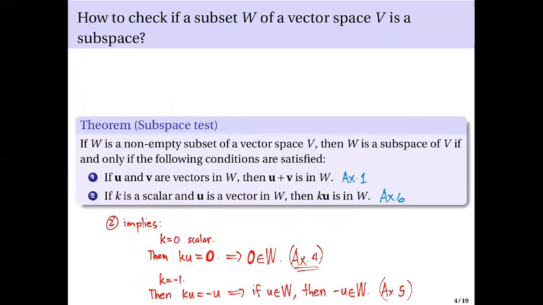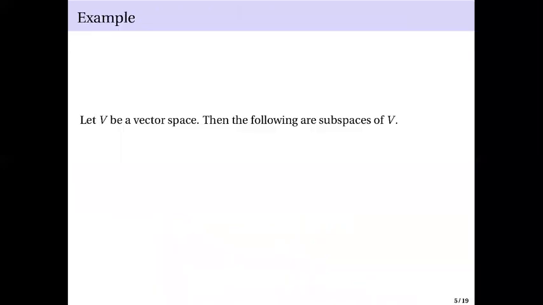So if at least one of these two is not satisfied by that non-empty subset W of the vector space V, then your chosen subset is not a subspace. Example: let V be any vector space.